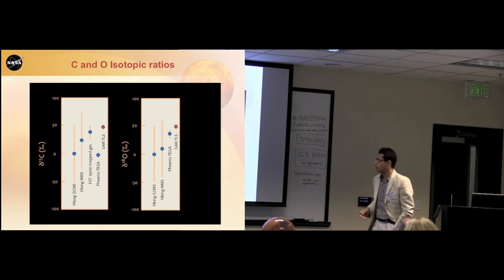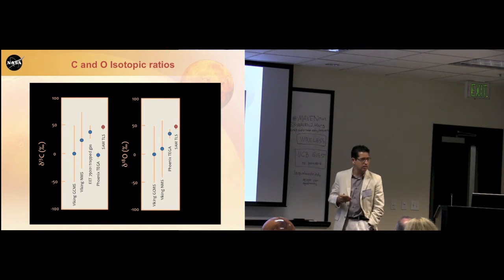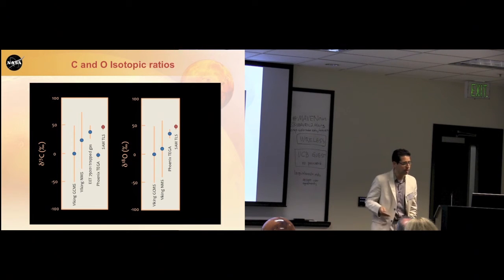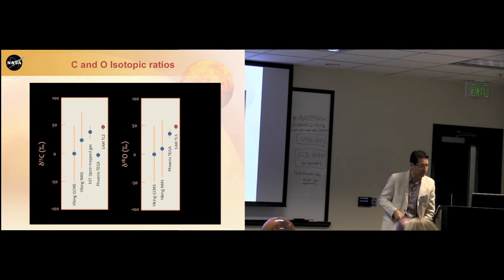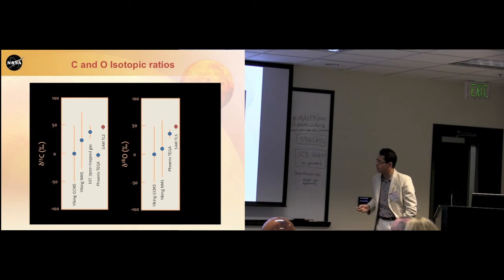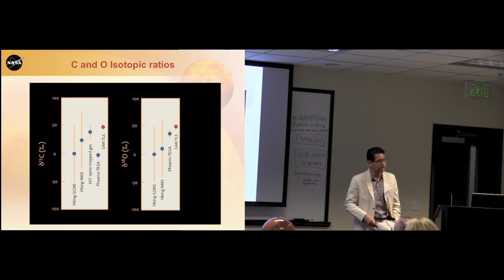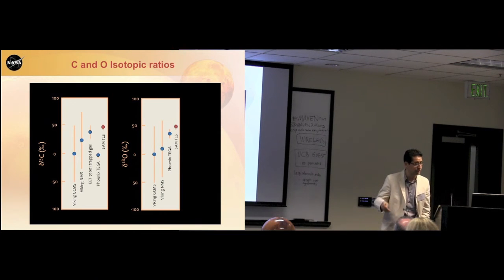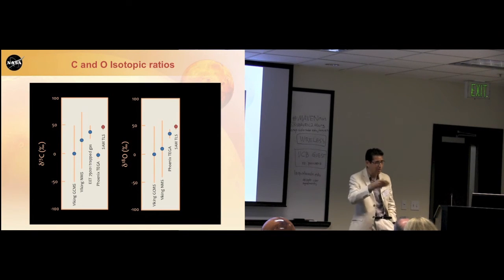The TEGA instrument was really designed to analyze solid samples. They did measure atmospheric gas, but after the fact they had solid samples in experiments, so we don't know how those values got contaminated.